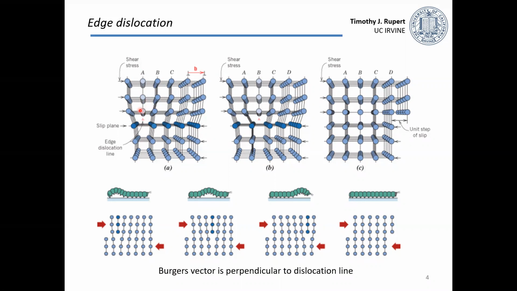And this dislocation could move to the right progressively and eventually give us 1 unit step of slip that occurs inside the crystal. So our crystal is now perfect, but the crystal has slipped and permanently deformed by 1 atomic spacing, okay? And for this edge dislocation, the Burgers vector is perpendicular to the dislocation line. So the dislocation line is going into the board here.